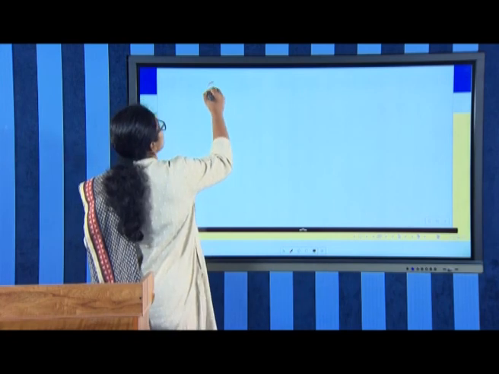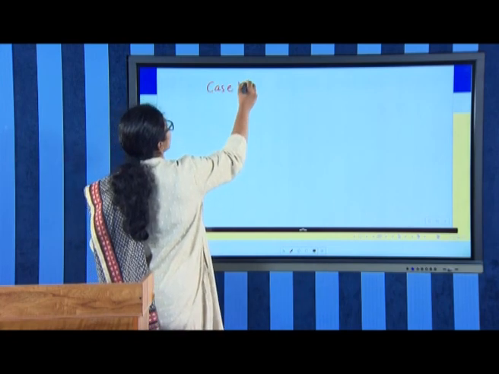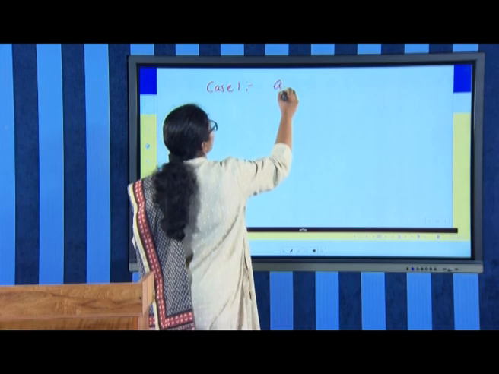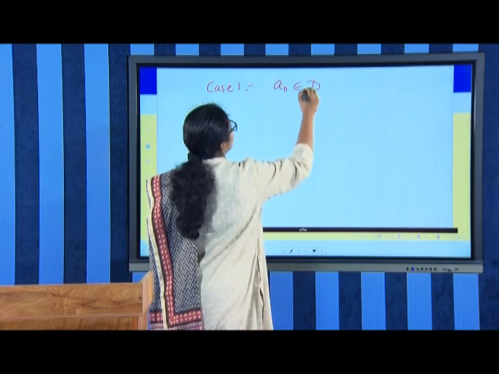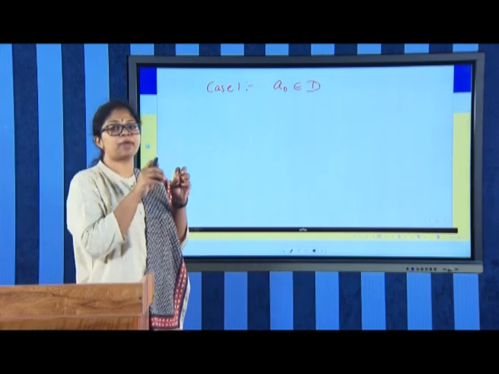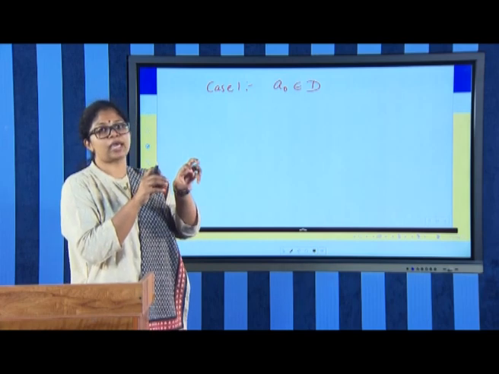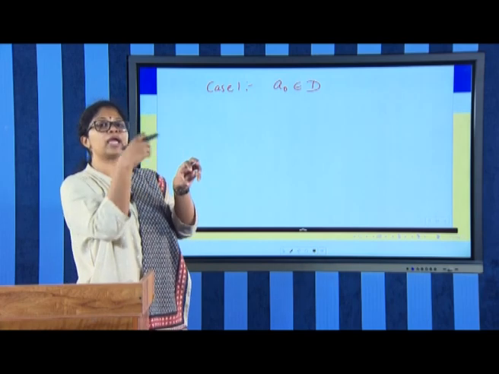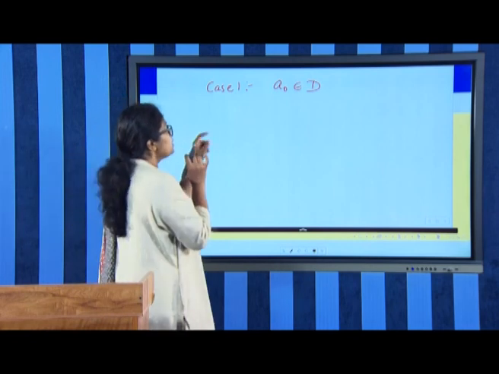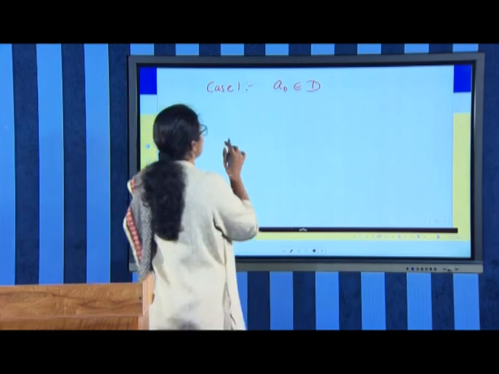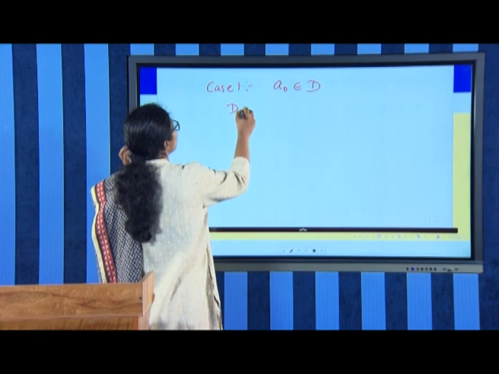Now, two cases arise. What are the two cases? This a naught may belong to the set D, because a naught is from A, and D is a subset of A. So, this a naught can belong to D or a naught cannot belong to D. So, if a naught belongs to D, what was the definition of D?